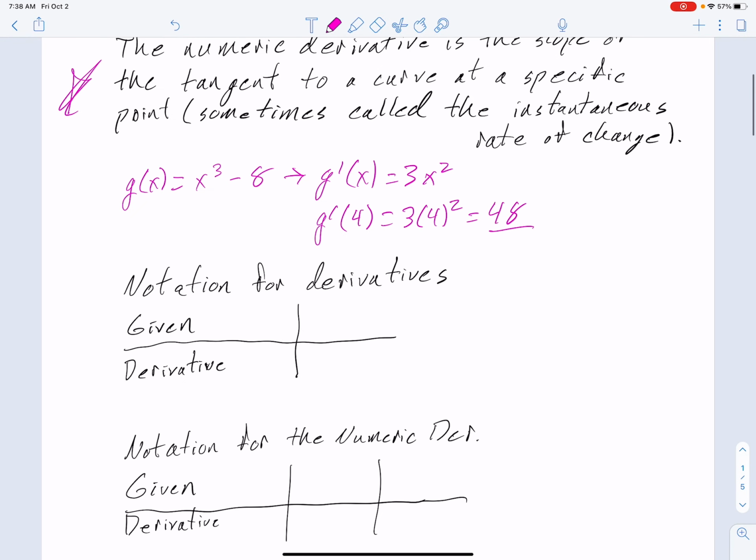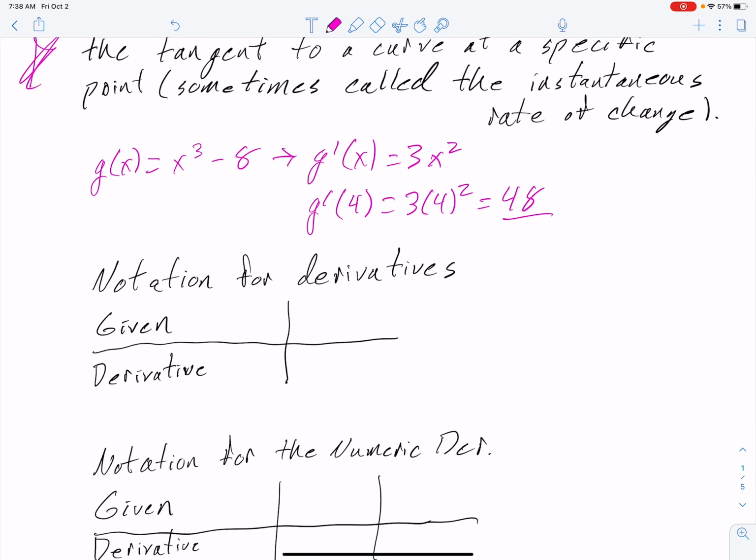You've already started to see some of the notation that exists for derivatives in those previous two examples I just did. If we're given plain old function notation, f of x, g of x, h of x, its derivative is represented with a dash, kind of looks like an apostrophe, but it's read as f prime of x. If a function is labeled y, we can use y prime notation, and that's the notation a lot of people like to use.